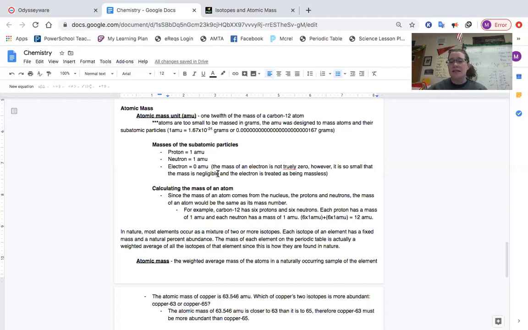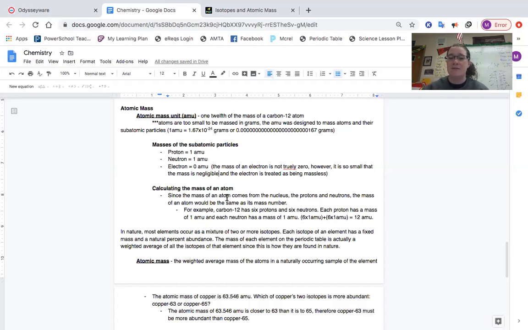We treat it as being a massless particle, but there is no such thing. So if you wanted to calculate the mass of an atom, it would pretty much be the same as the mass number, because if we have protons with a mass of 1 AMU and neutrons with a mass of 1 AMU and electrons with a mass of 0, then all your mass is just coming from your protons and your neutrons.